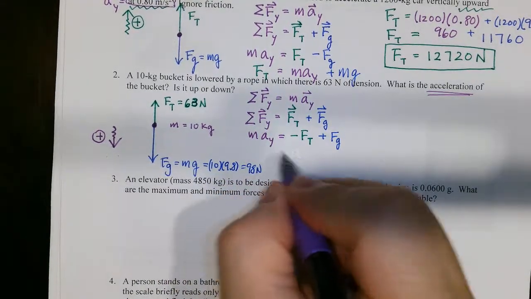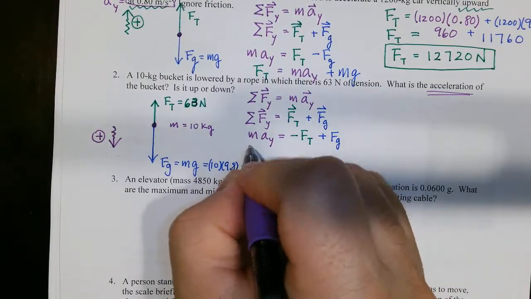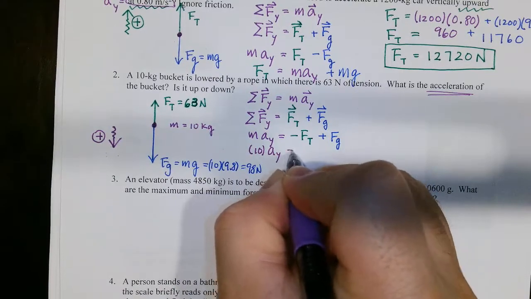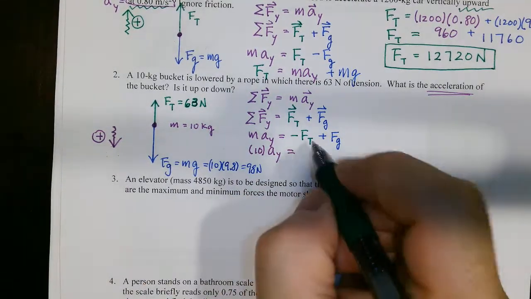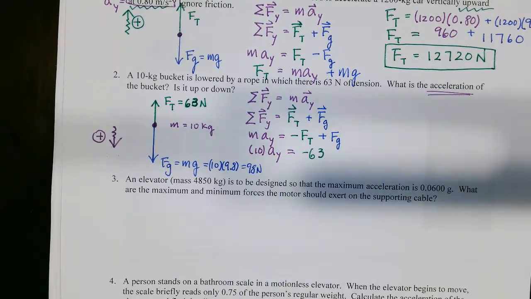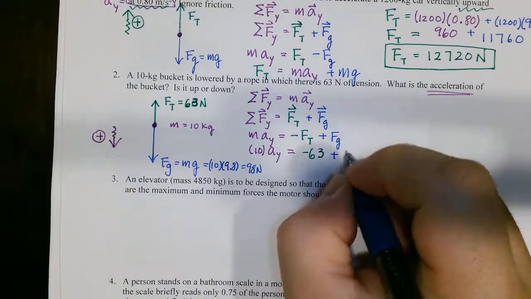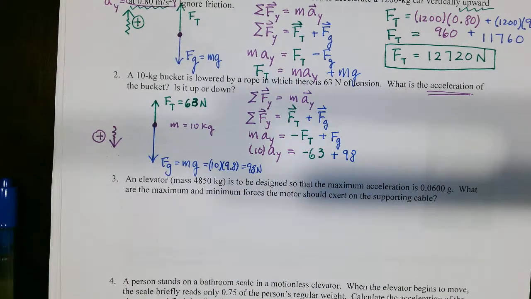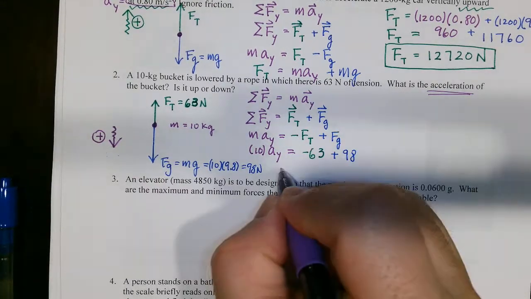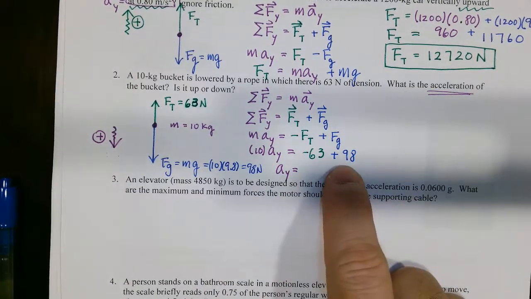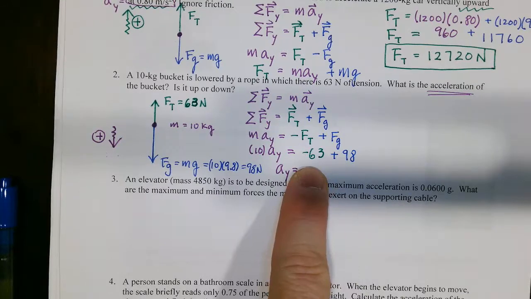So here, my mass is 10 kilograms. ay, what we're looking for, is equal to negative 63 plus 98. If I solve for acceleration here, acceleration in the y direction is equal to, well, what's 98 minus 63?